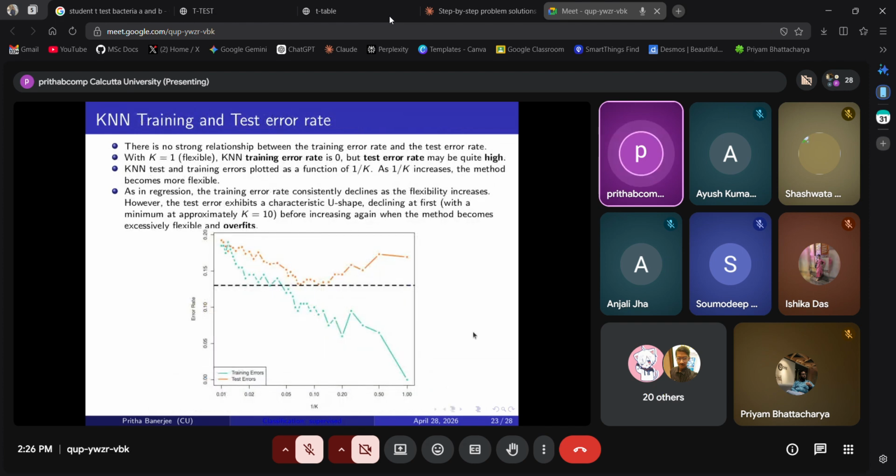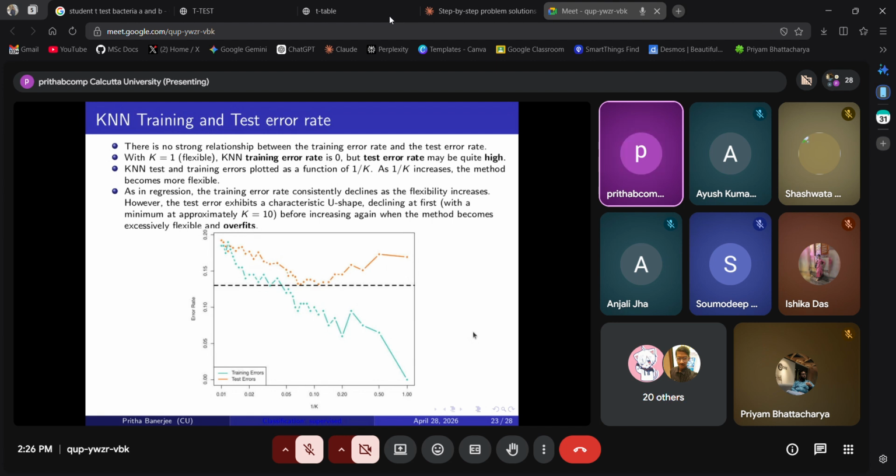Now if we look at KNN training and test error rate, this is typically like, if you are given a data set, you separate a part of it for training and a part of it for testing, in the sense that you don't include the test points in the beginning.